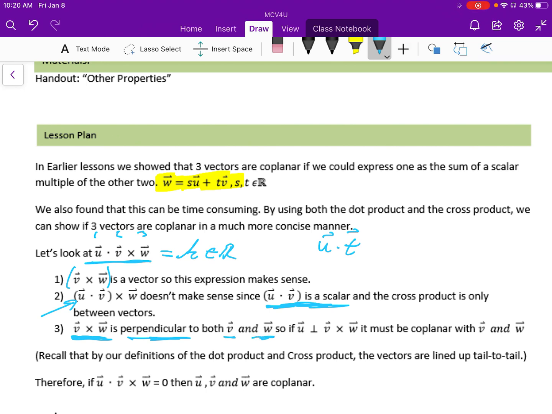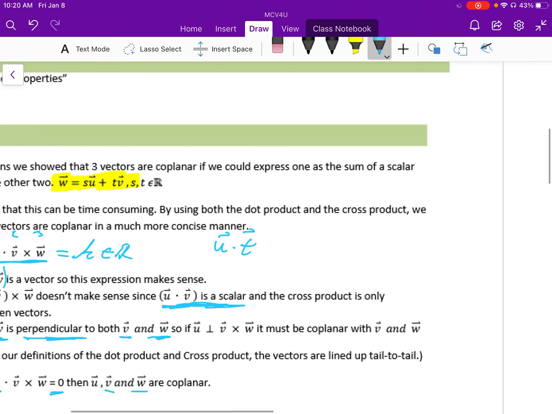Since it's perpendicular to the two in question, if we then look at the third vector and dot it, if the third vector is coplanar with the other two, then the cross product of the other two is going to be perpendicular to it, and you're going to end up with an answer of 0.